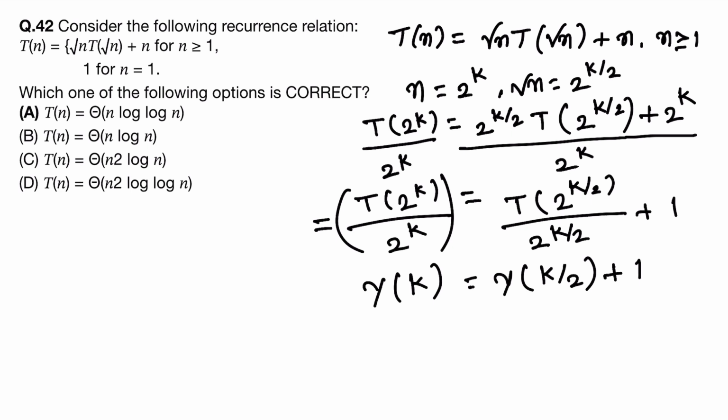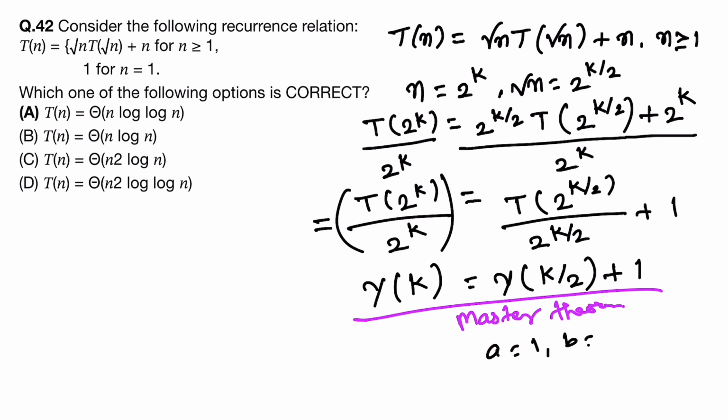So now this is in Master theorem form. We will apply the Master theorem here. Here a is 1, b equal to 2, like the form a T(n by b) plus f(n).